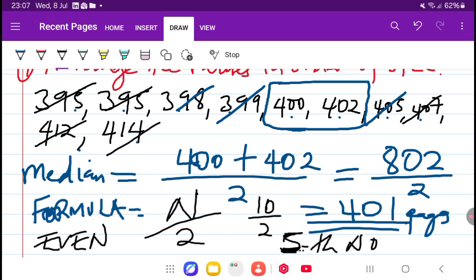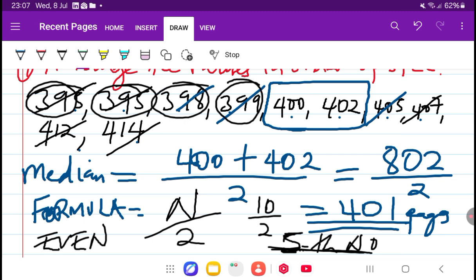If you want to count the fifth number, you will see that this is 1, 2, 3, 4, 5. It gives you 400.